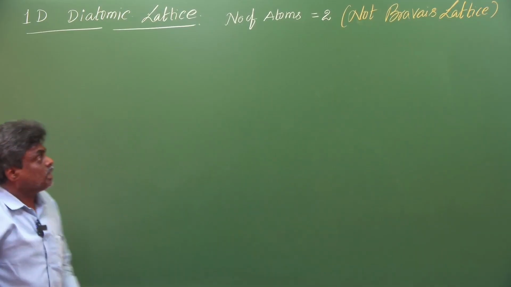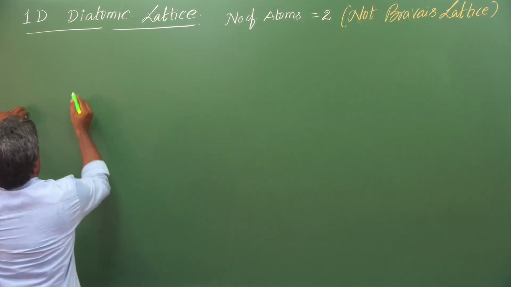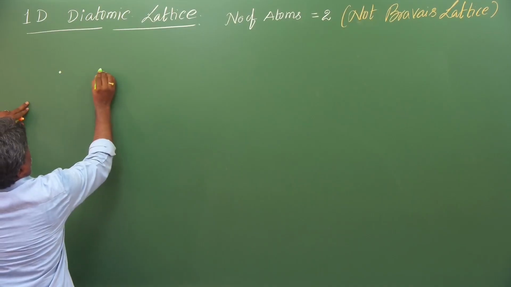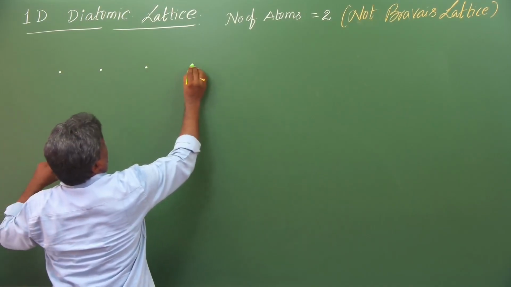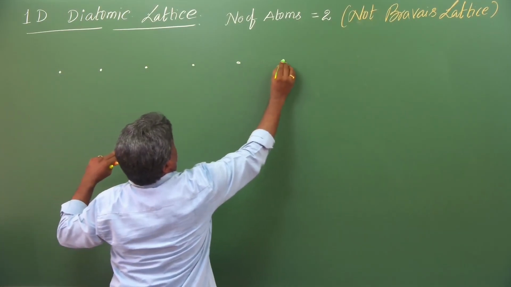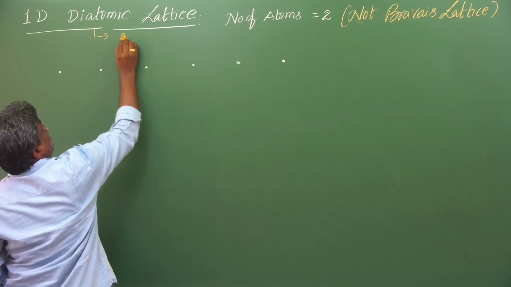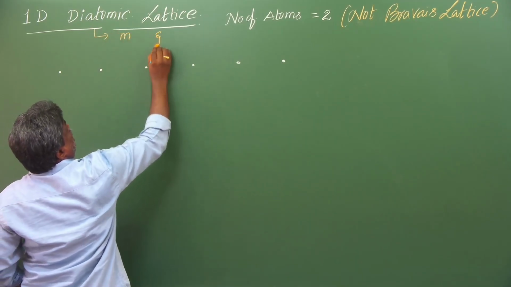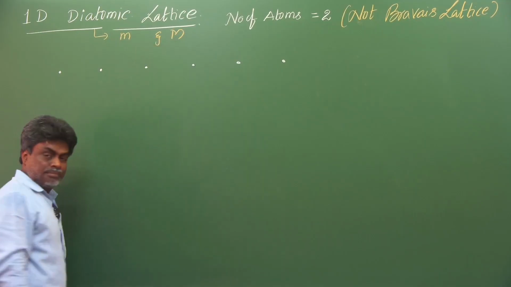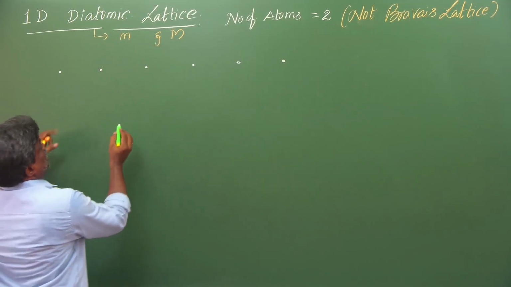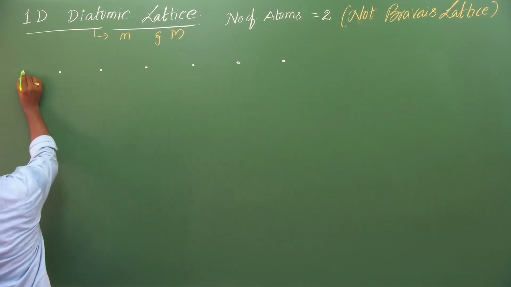Okay, fine. Let me take the structure. So here I am taking the lattice points, something like this. Now here I am considering the diatomic. One atom mass is m and another atom is capital M. Now I am assuming these lattice points I can take like this.